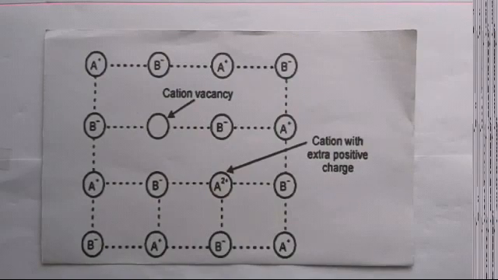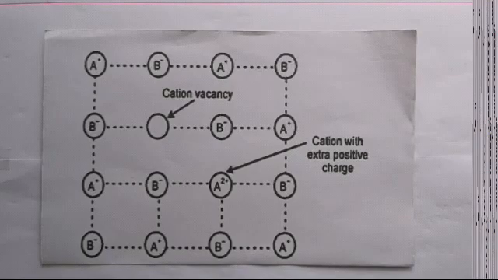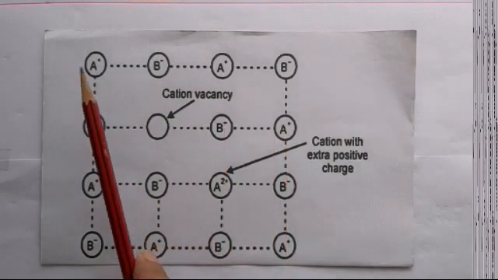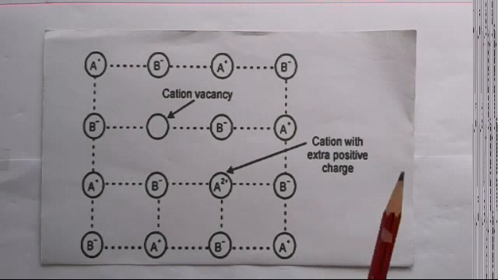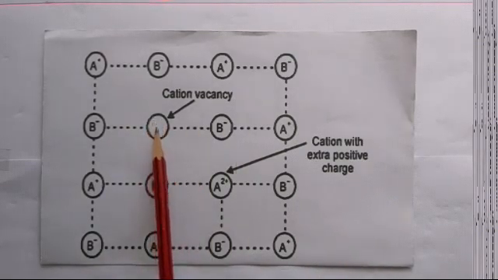This diagram represents the impurity defect, in which foreign atoms replace some of the atoms making up the solid or squeeze into the interstices. Now in this case, what is happening? We have a cation vacancy. That cation would have one positive charge.